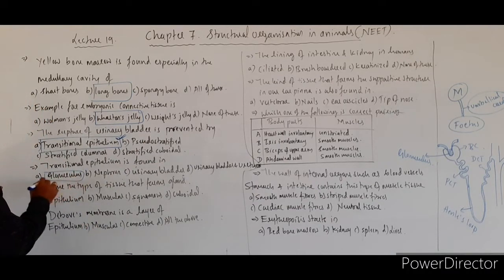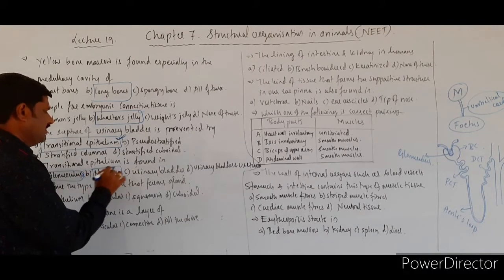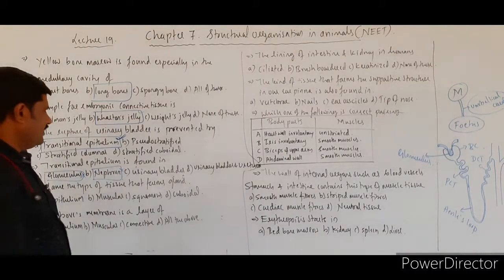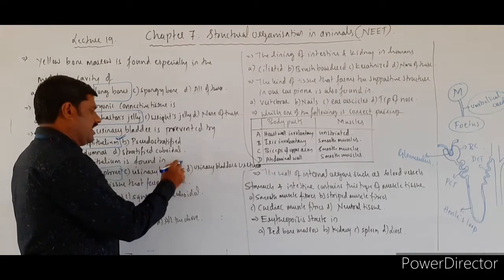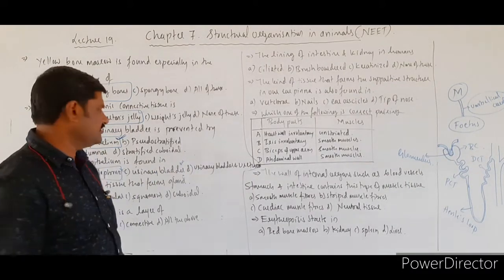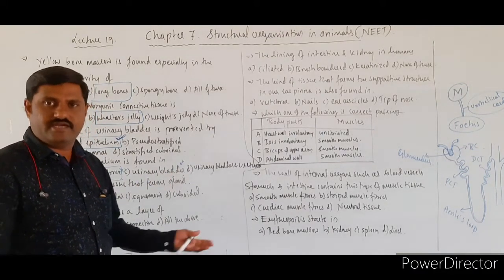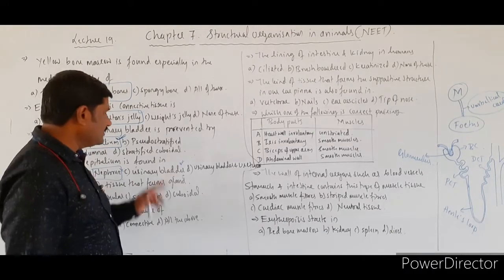That's why this is not the answer for this question. Then nephron, he says, is also not the answer. And urinary bladder is there. Of course, it is a correct answer, because transitional epithelium is found in the urinary bladder. It is 100% right. Then is it the answer?